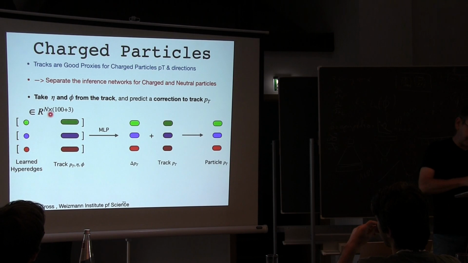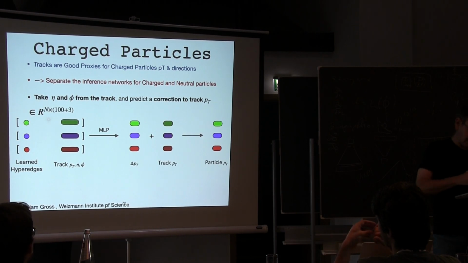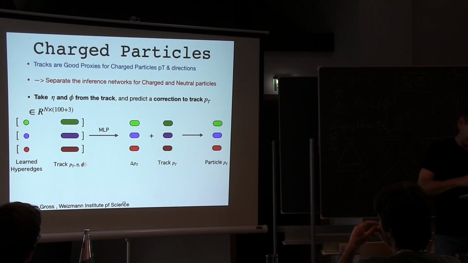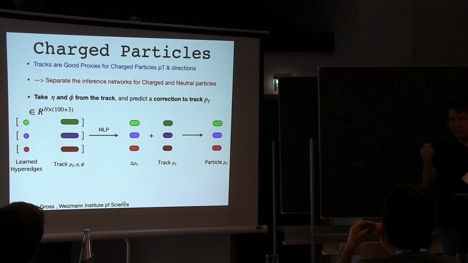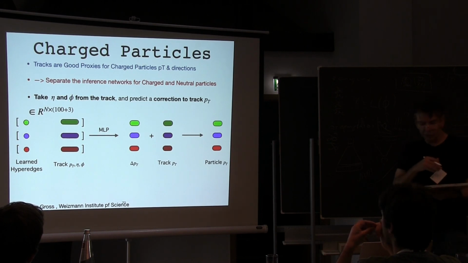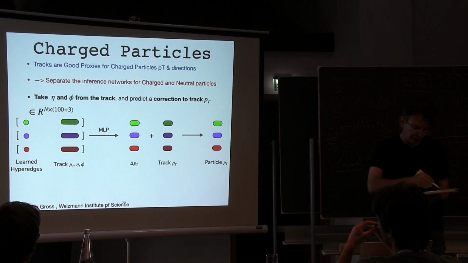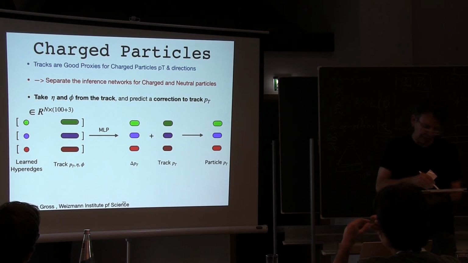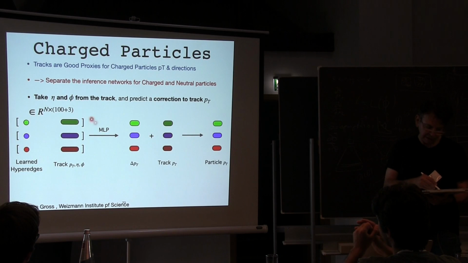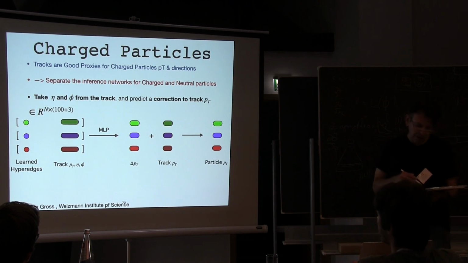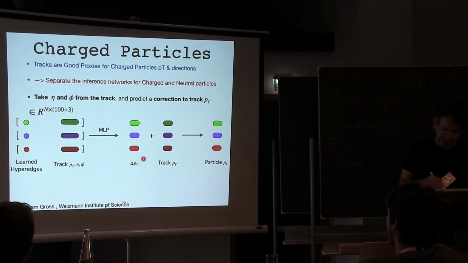We concatenate them with the features of the charged particles, PT, eta, and phi. So now instead of a dimension of 100, we have a dimension of 103. We use an MLP with an input of 103 to predict the delta PT.